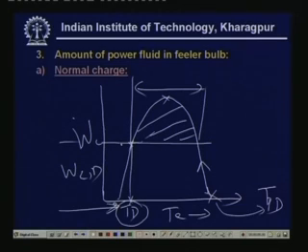Okay, this happens because during the pull down time the mass flow rate of refrigerant will be very high, because the compressor volume pressure ratio will be small, so it will operate at high volumetric efficiency, and also the density of the refrigerant will be high. So initially the mass flow rate of refrigerant through the compressor will be very large, even though the enthalpy difference across the compressor is small.